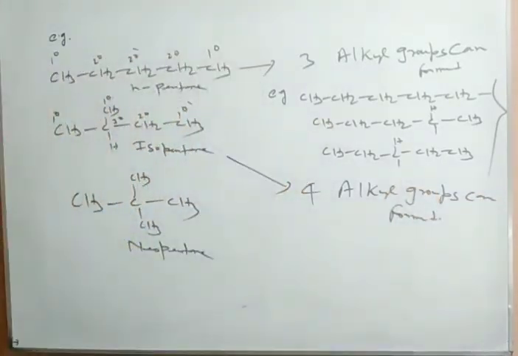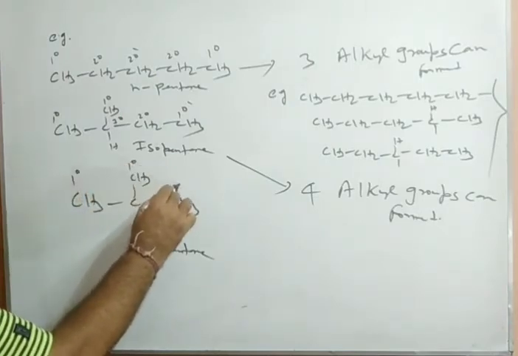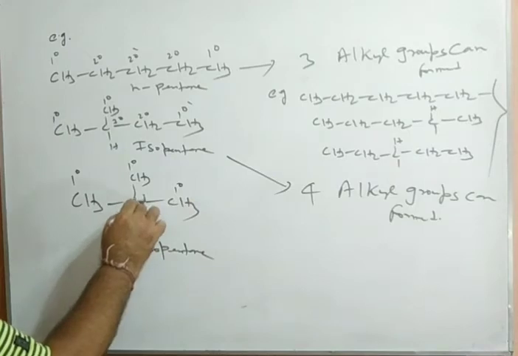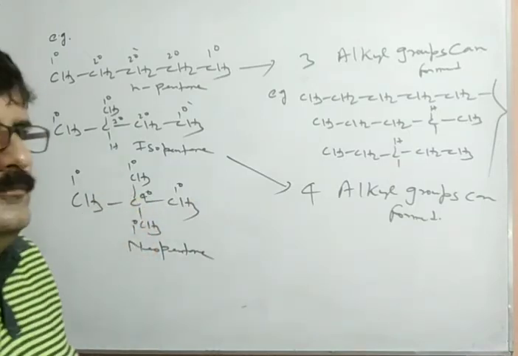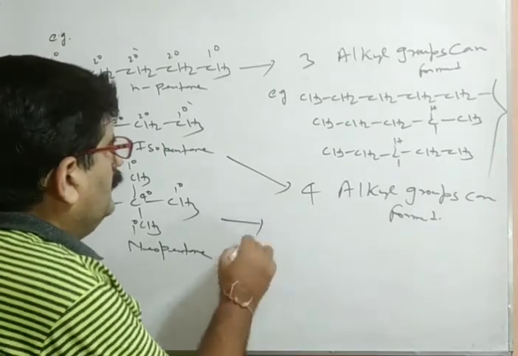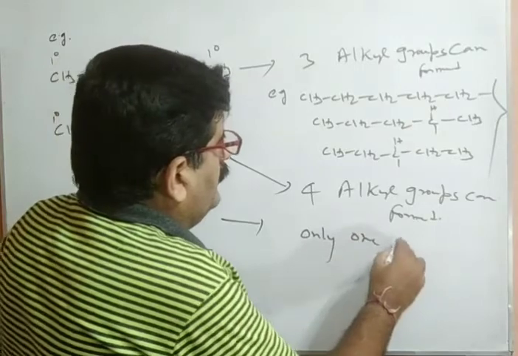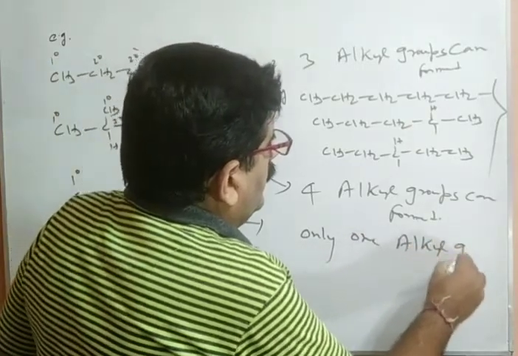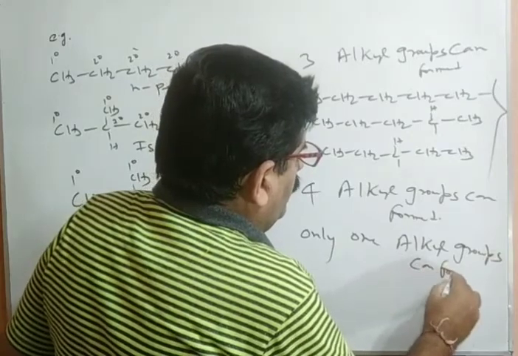In similar fashion, here all carbon atoms are 1 degree, and the 1 degree carbon atoms are linked with only 1 degree hydrogen atoms. That's why only 1 alkyl group can form.